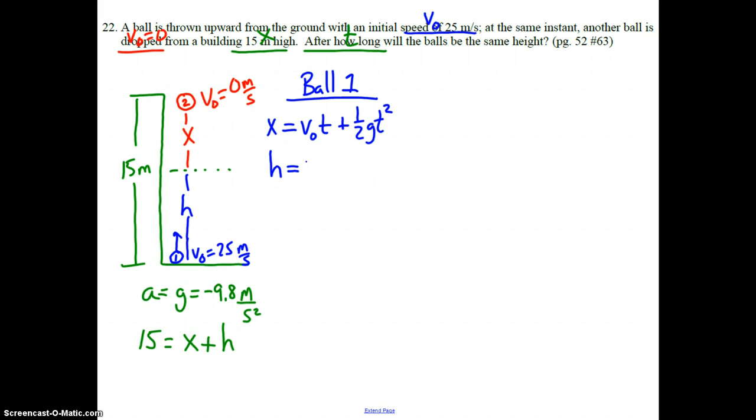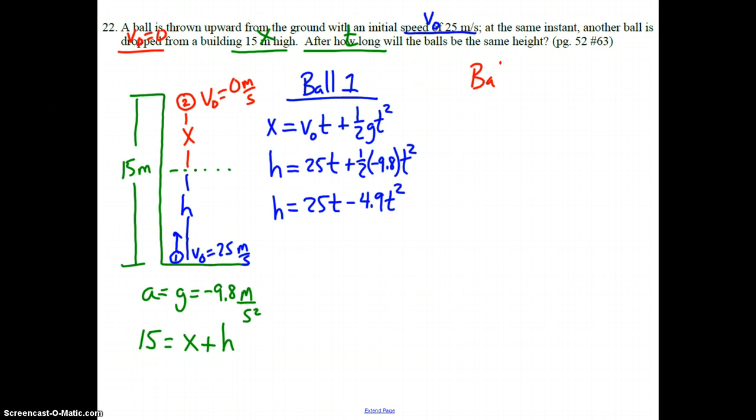Initial velocity is 25t plus 1/2 negative 9.8 t squared. Let's clean it up. h is 25t minus 4.9t squared. What do we have? An equation with 2 unknowns. What do we need? Another equation with the same 2 unknowns.